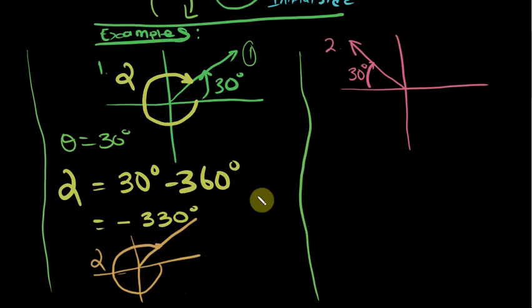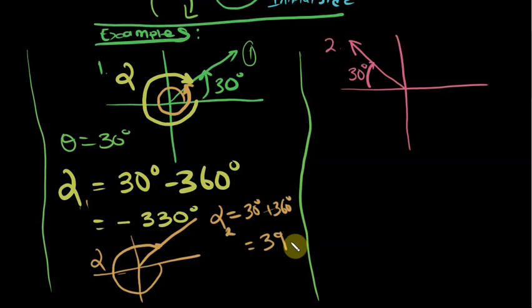Another coterminal would be from the very same position in the same direction, which is anti-clockwise, but just above 360. So let's call this one coterminal 1, coterminal 2. Coterminal 2 will be 30 degrees plus 360 degrees. It gives us 390 degrees.